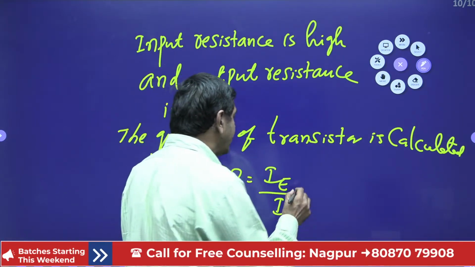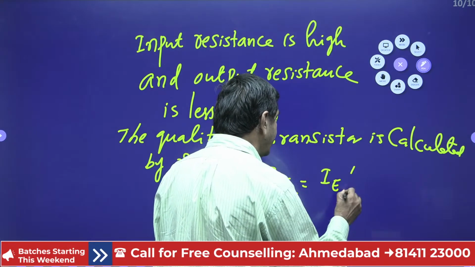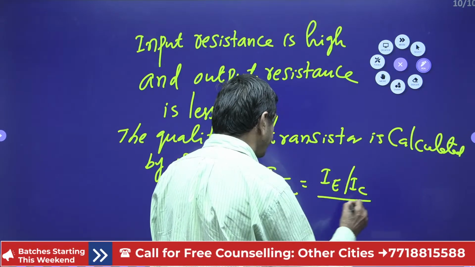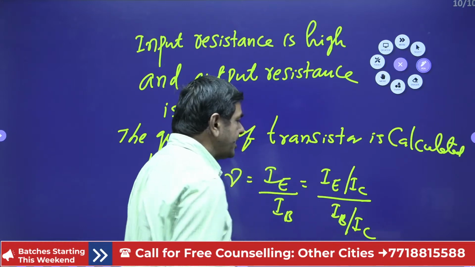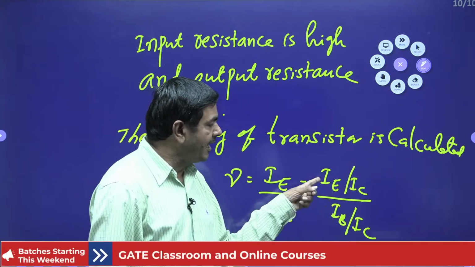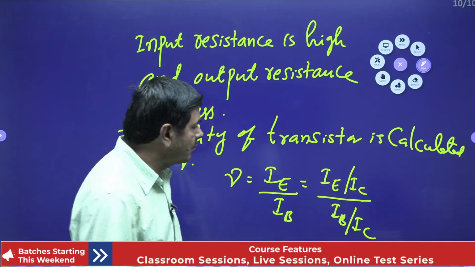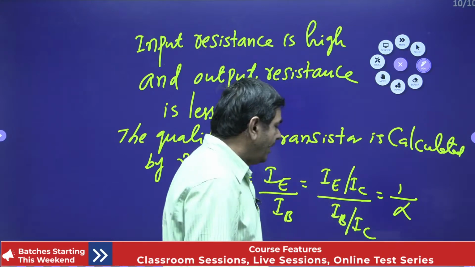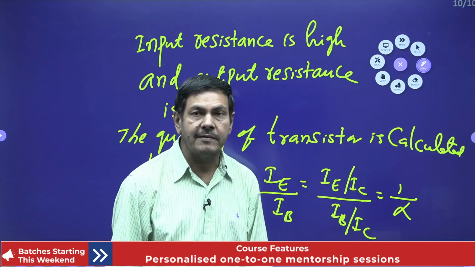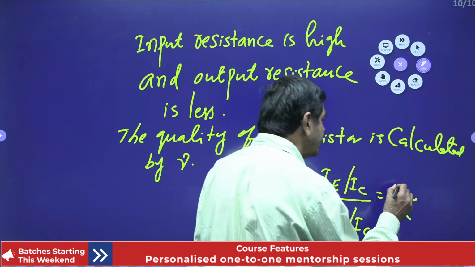Suppose I divide the numerator and denominator by IC. IE by IC and IB by IC. IC by IE is nothing but alpha, which I gave already. IE by IC means 1 by alpha. IC by IB equals beta, which I gave already. IB by IC means 1 by beta. Beta goes to the numerator.